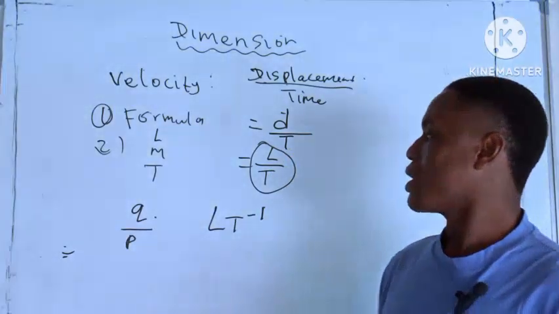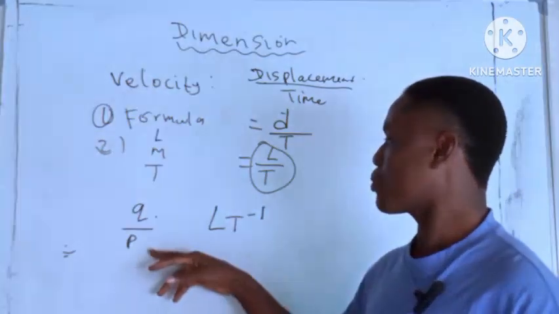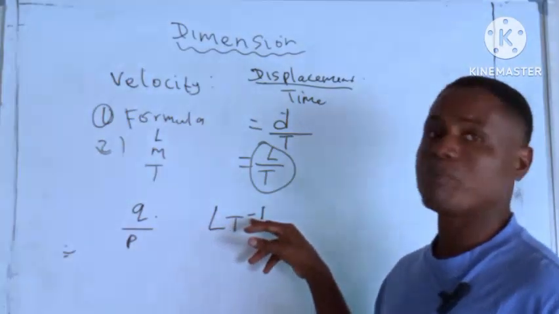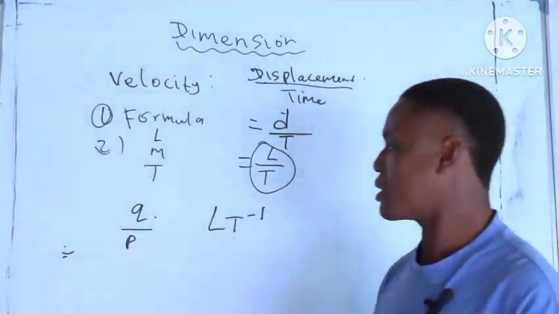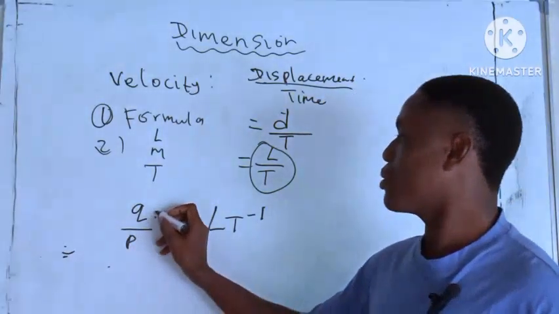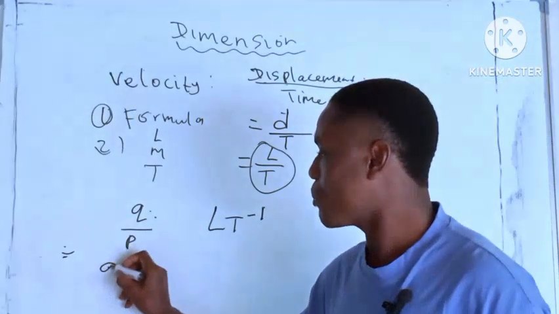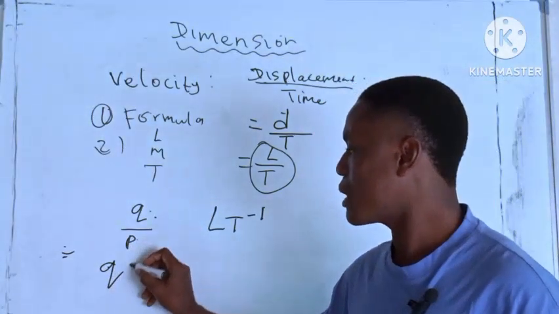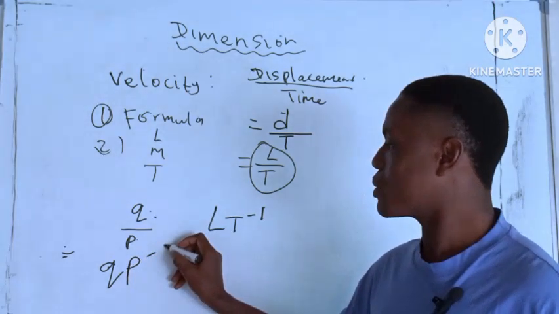Are you getting me? So since the middle is division here, we just change it to minus and indicate it with 1. Are you getting it? So if we first write the numerator, which is the up one, it will be q, then write the down one, p, signify it with minus 1.